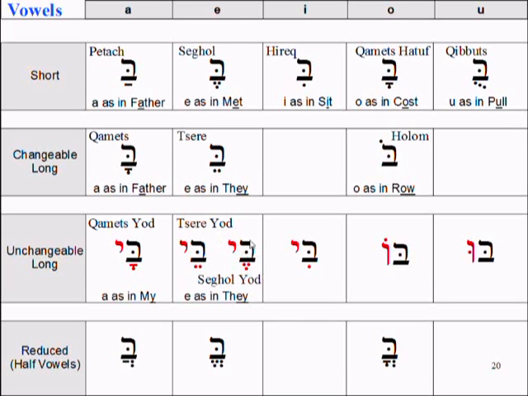These have identical pronunciation in modern Hebrew, pronunciation of Biblical Hebrew. Chirik yod is an with a yod at the end, and that changes to an e sound. It's like the I in marine or machine.